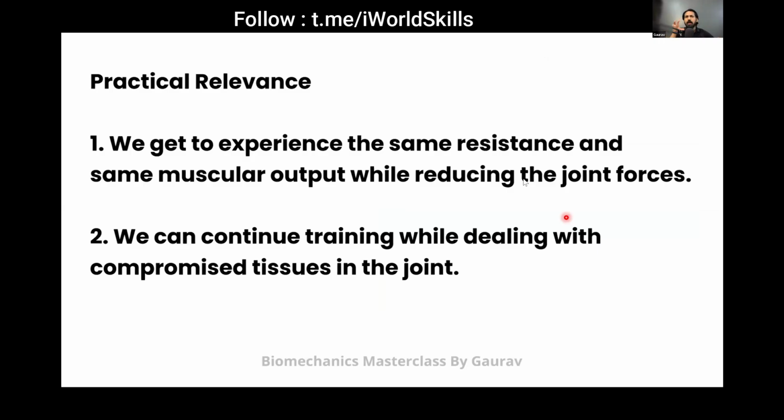So if we could apply this particular strategy to the shoulder joint and to the knee joint, isn't it going to help our people continue their training in the gym? Type one in the chat if you agree. They will not have to stop their training because of pain.